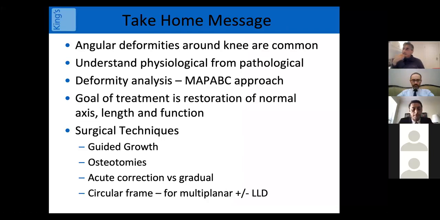So my take-home message is that angular deformities around the knee are very common. And as an orthopod, you should be able to differentiate physiological from pathological, particularly in relation to racial differences. And if you're deciding to do any intervention, please analyze it properly.